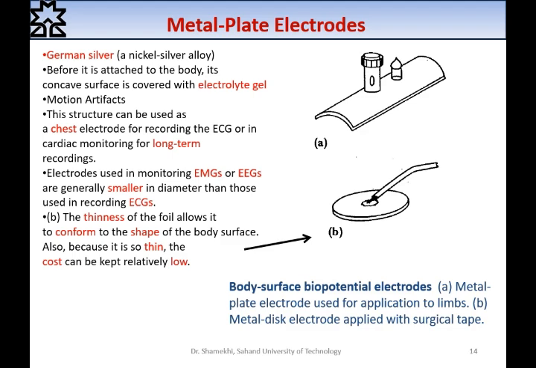As you can see in figures A and B in this slide, these parts are made of metal, a specific alloy, for example, German silver, and we cover this part in the first electrode, or this part in the second electrode, with electrolyte gel.